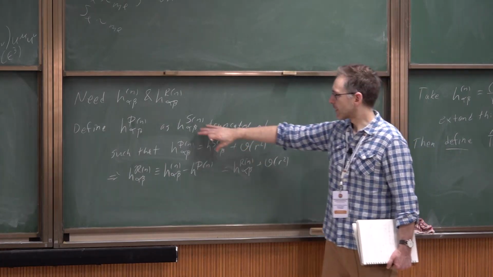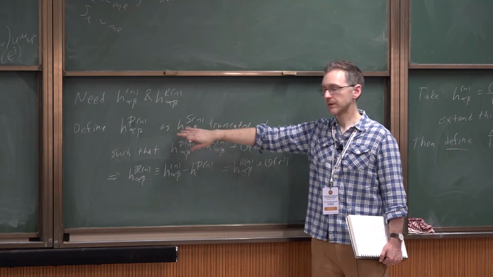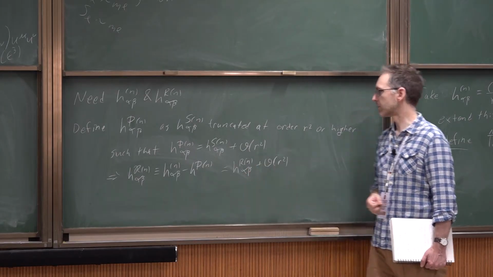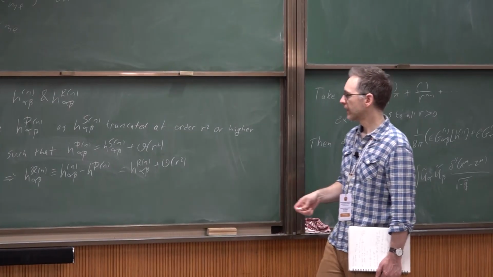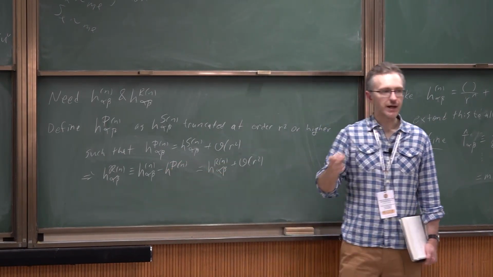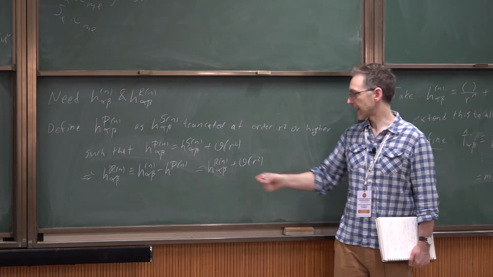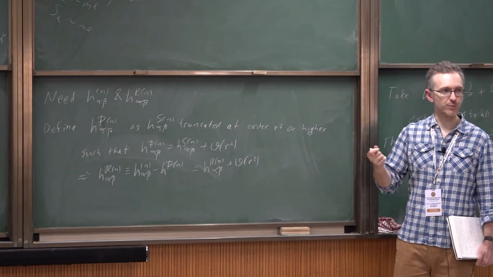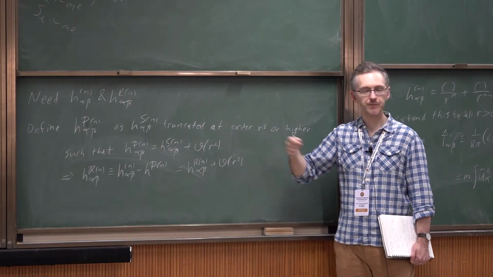So by guaranteeing that I'm approximating the singular field at least to order R squared, then the residual field is approximating the regular field to that same order. And what that means is the residual field evaluated at the particle is exactly equal to the regular field there. So if I need the regular field at the particle, I can just get it from the residual field.